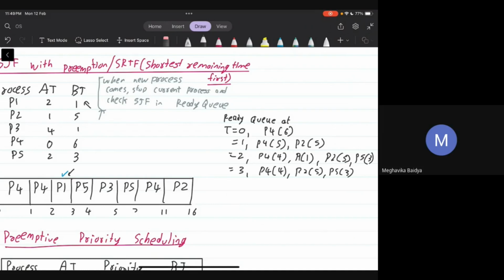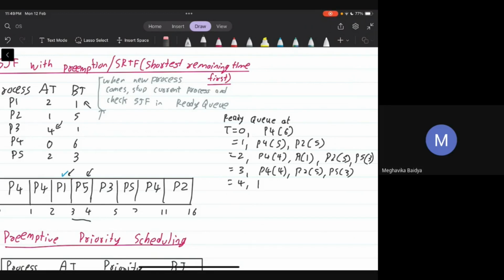So now you will run P5. But when you're running this, you see that it will go from 3 to 4 because at arrival time 4, P3 is coming. Whenever a new process comes, you have to interrupt the CPU. That is why it's only executing 3 to 4 here.